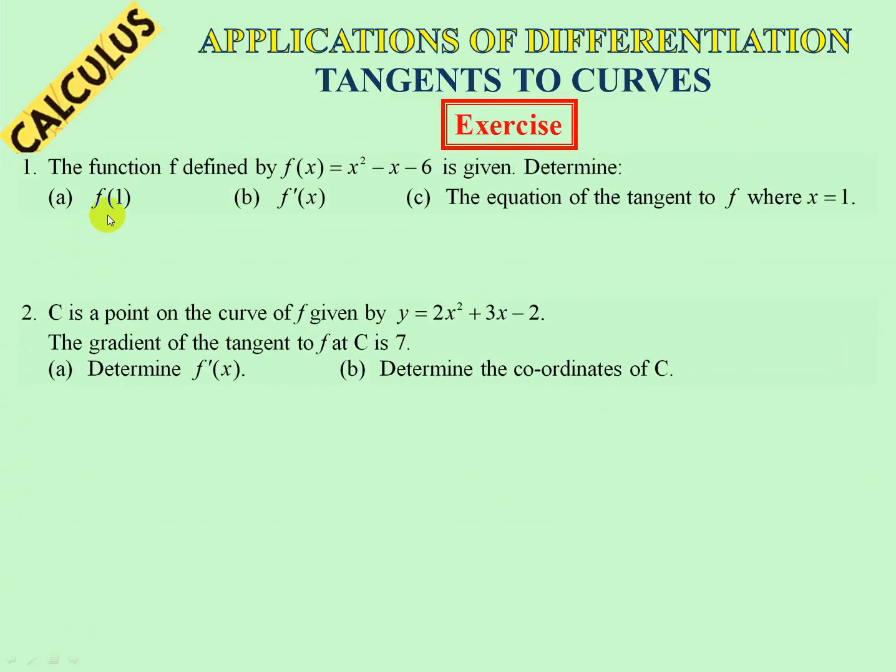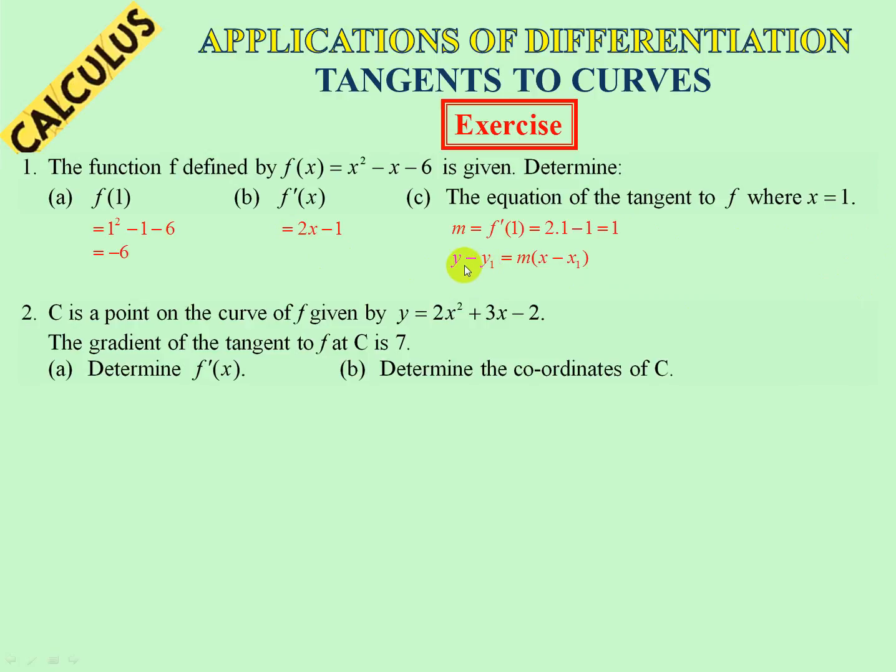Pretty straightforward. 1a, f of 1 means substitute 1. There we are, minus 6. f prime of x, pretty straightforward. Differentiate. The equation of the tangent where x equals 1. Well, we have x1, y1, and we need to find the gradient, which means putting x equals 1 into the derivative. So f prime of 1 equals 1, so now I have m as 1.